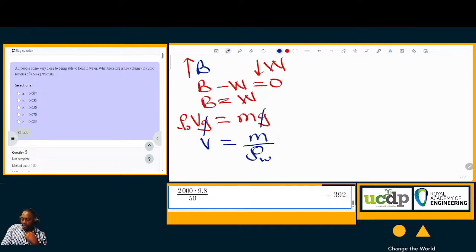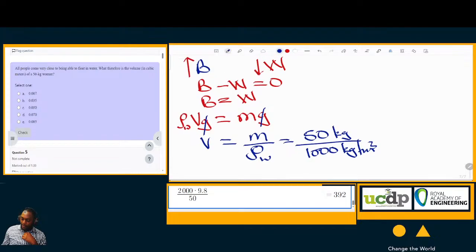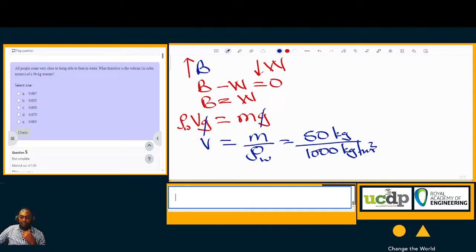In this case, the mass you're given is 50 kilograms, and the density of water is 1000 kg per cubic meter. So if you compute that, 50 over 1000, you get an estimate value of 0.05.